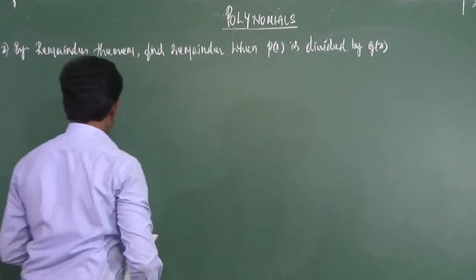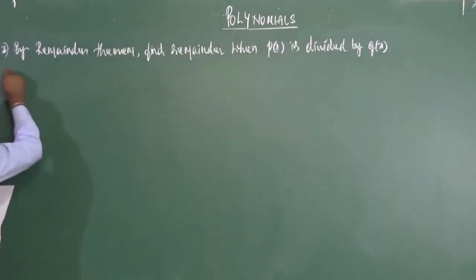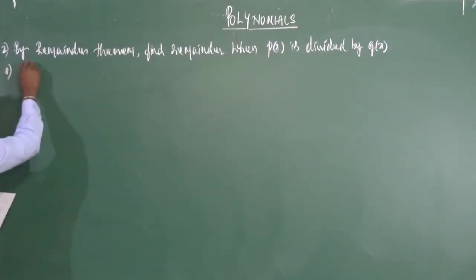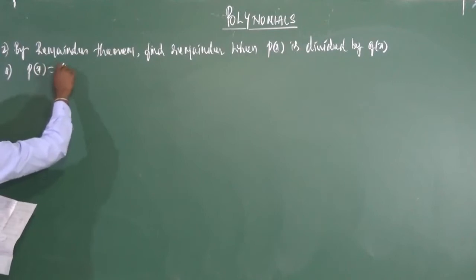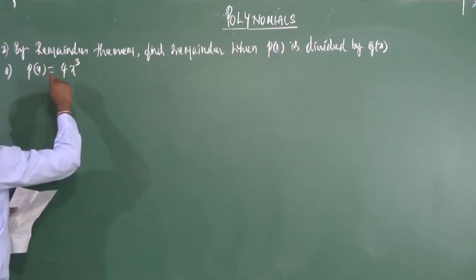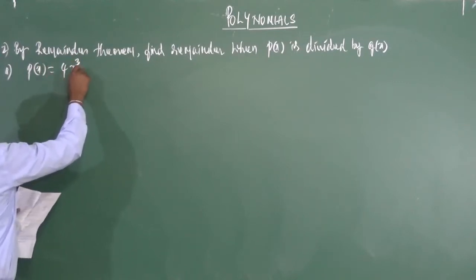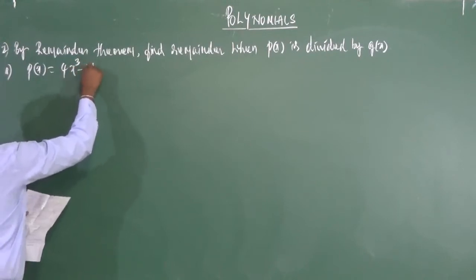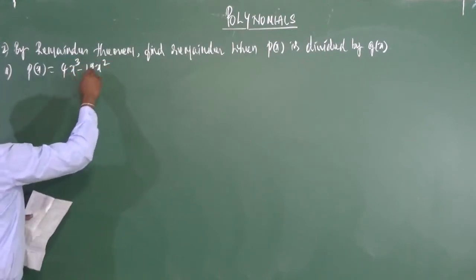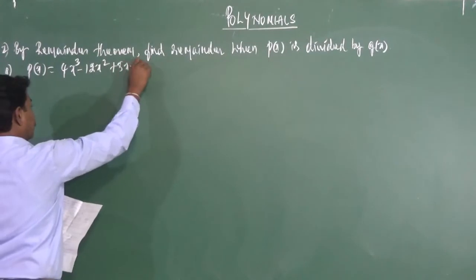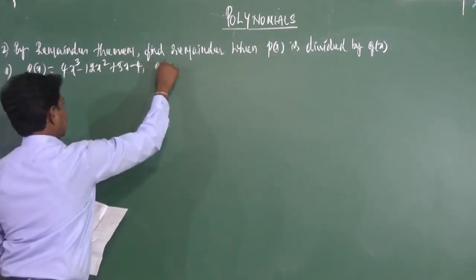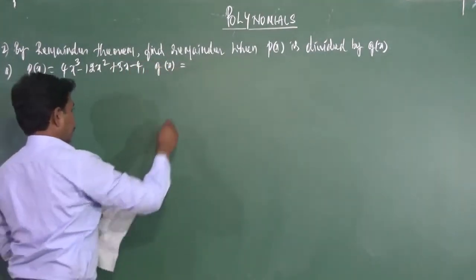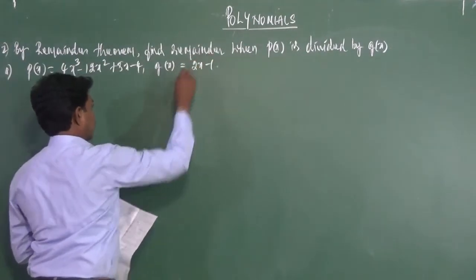Okay, so first problem we will take it. P of x is equal to 4x cube minus 12x square plus 5x minus 4, and g of x is equal to 2x minus 1.